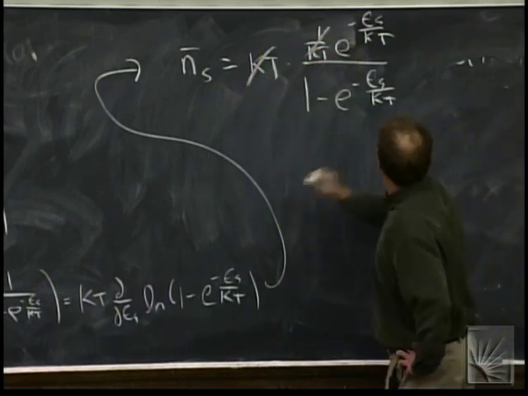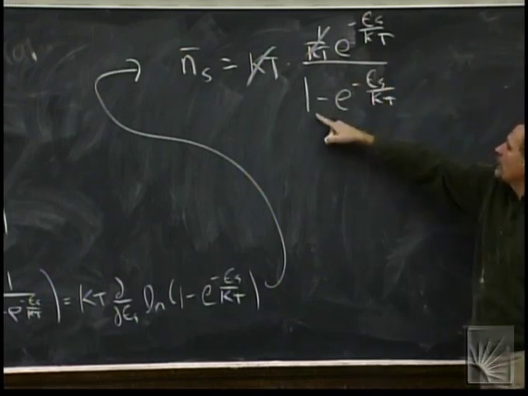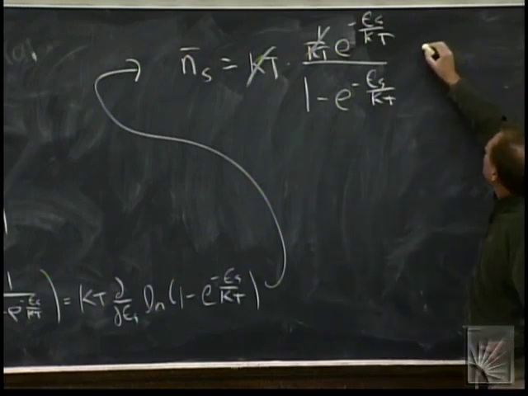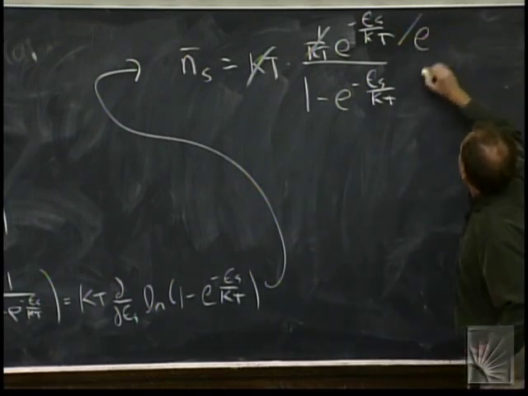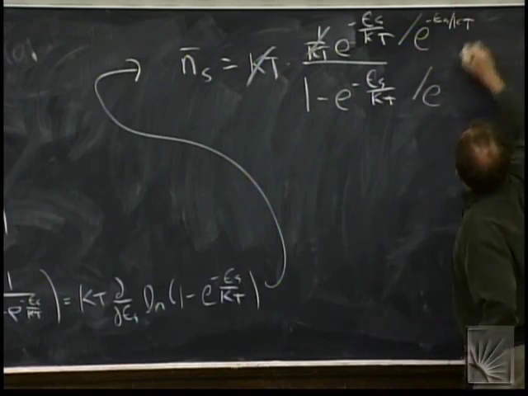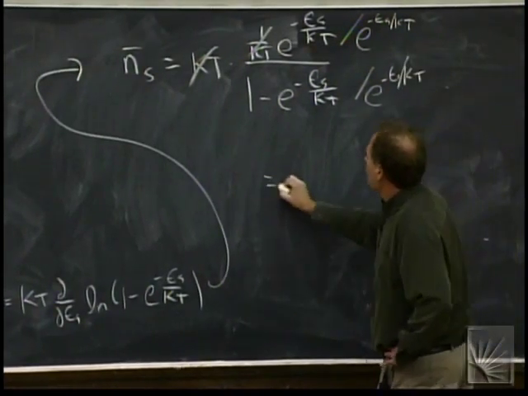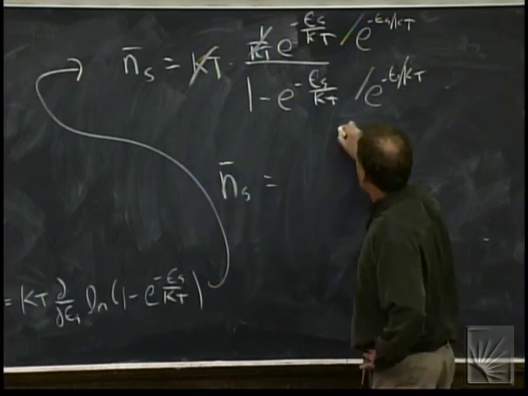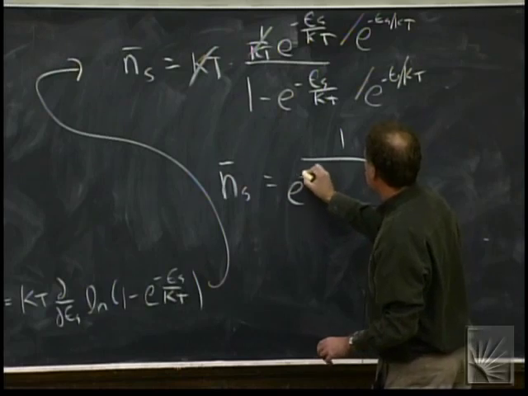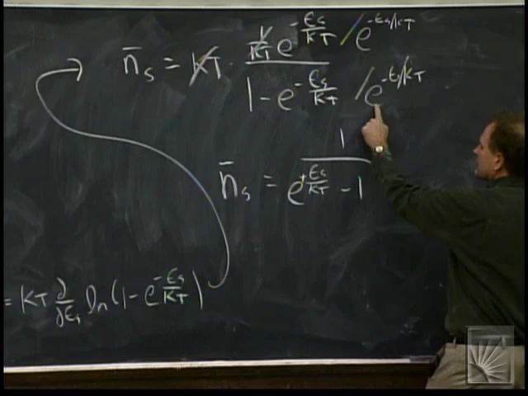The kt cancels. And I just have this exponent over 1 minus this exponent. If I divide through by the exponent term, top and bottom, I get 1 over, here, I get the exponent with a positive sign. And then this divided by that is 1.